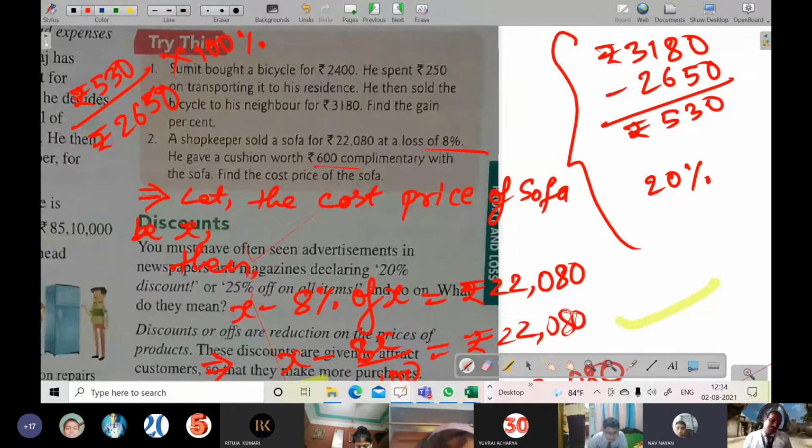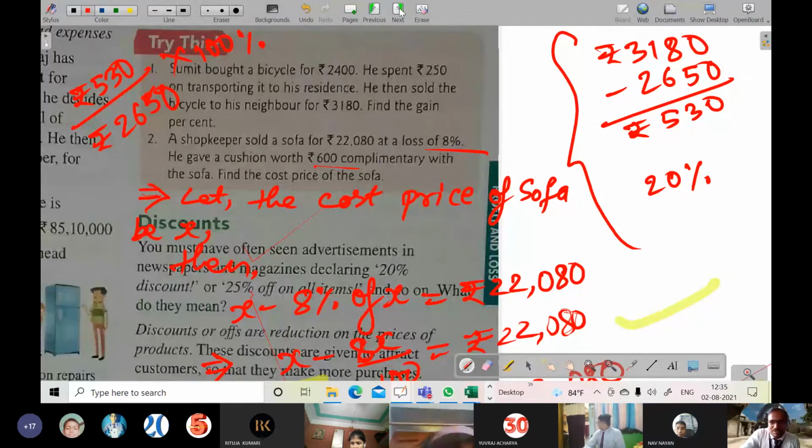Sir, we have to use the total CP, no sir? Yes, always total CP. Okay, any more doubt? No doubt to anyone?